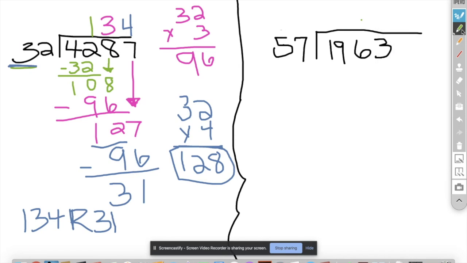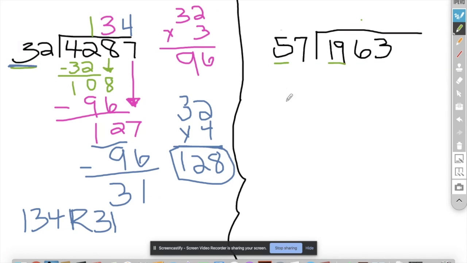Let's again start with green. Okay, so I'm going to look at the 5, but I'm also going to think about this 7. So sometimes I might use 5 and sometimes I might use 6 to think about this. Okay, well, I can't make a group of 5 out of 1, but I can out of 19.